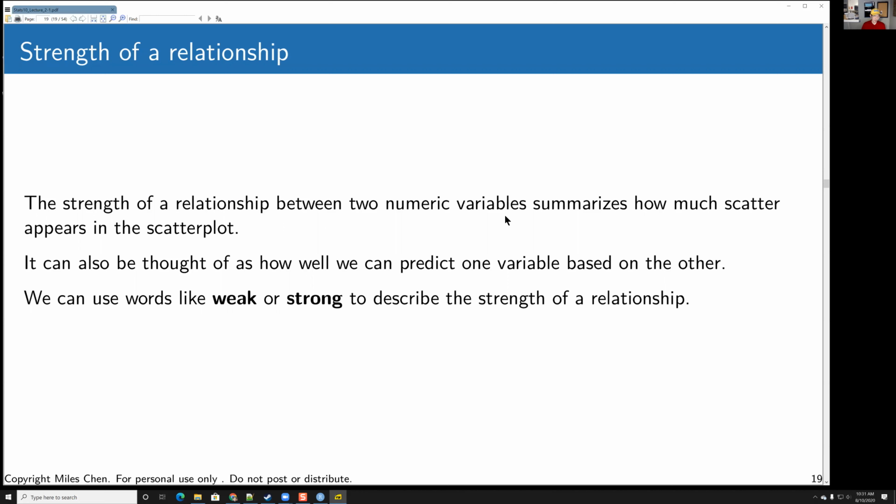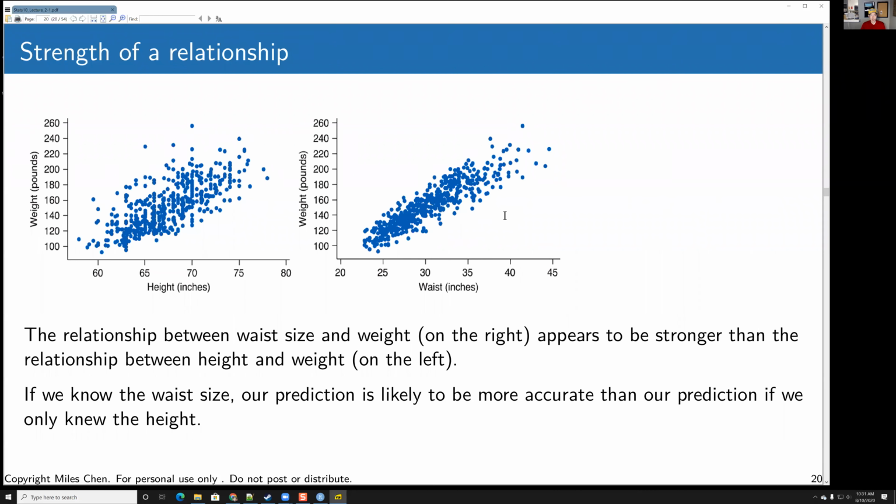So, vague words, we can use words like weak or strong to describe the strength of a relationship. Later today, we'll quantify that. But just overall, we'll look at what's a weak relationship and what's a strong relationship when we're describing the strength of a relationship, okay?